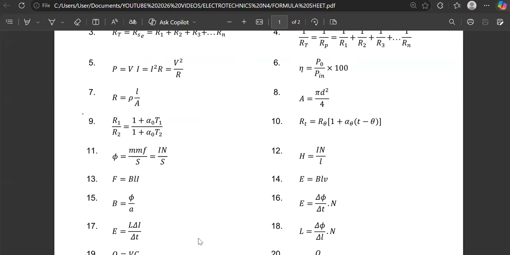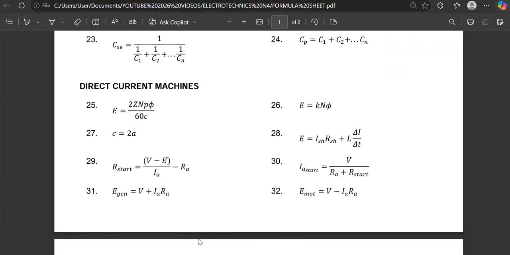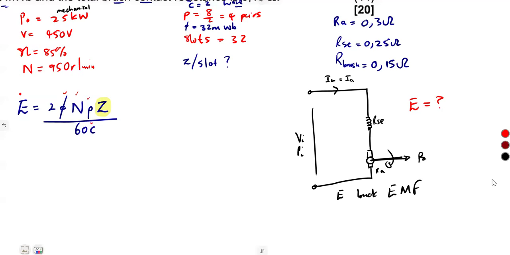Which we can consider as part of our formula sheet here. This is direct current machines for a motor. This is what we have: V minus armature current times RAC, the resistance of the armature circuit, where the armature current is flowing. All right, we are dealing with the motor, remember.